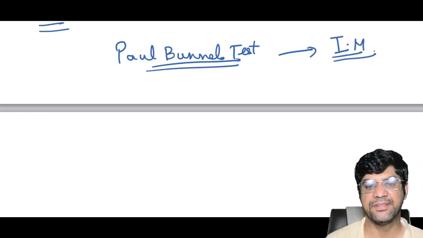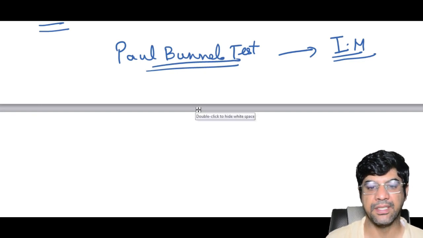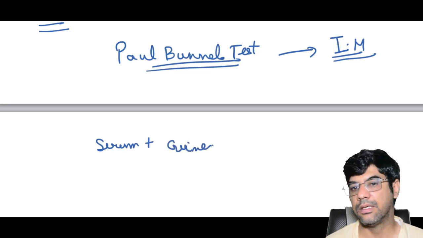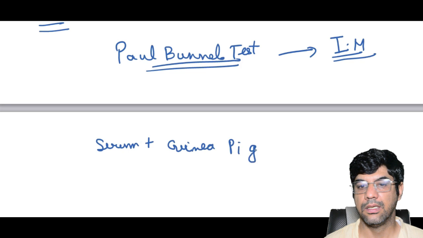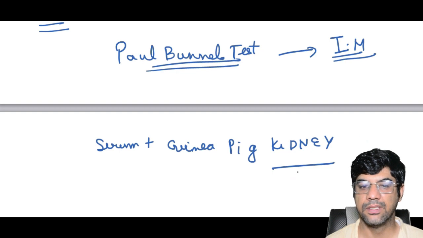The patient serum, that is the liquid part of blood without cells, is treated with guinea pig kidney to remove the non-specific antibodies.